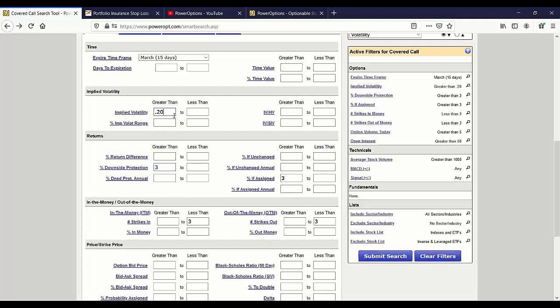If you increase this up to a 0.3 or a 0.4, just throw those broad market ETFs out of the window. They are not going to be there. They don't have that implied volatility that you're looking for, though they will have the average stock volume.